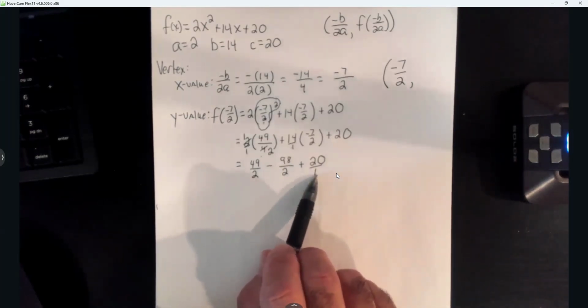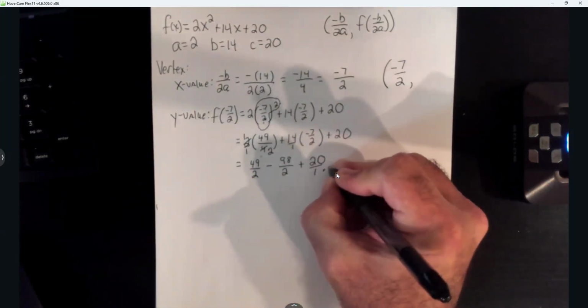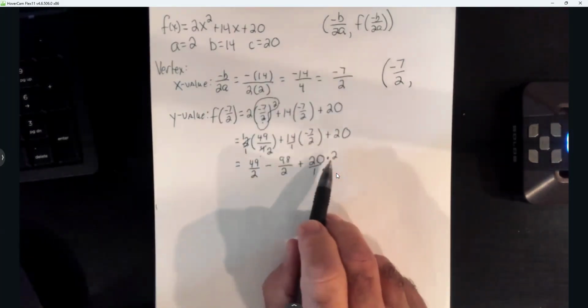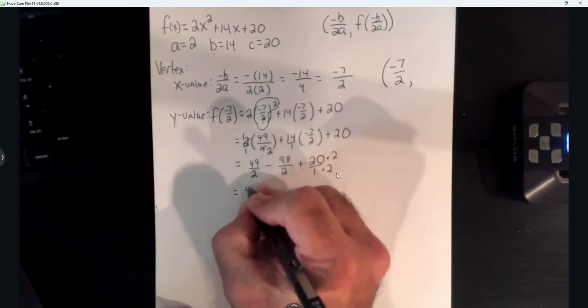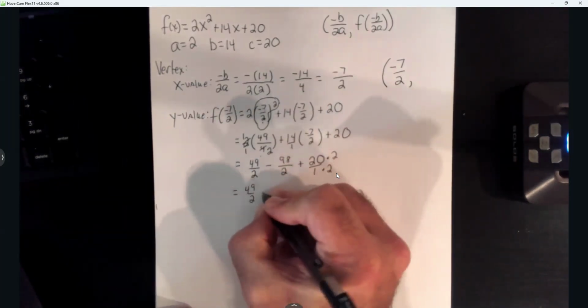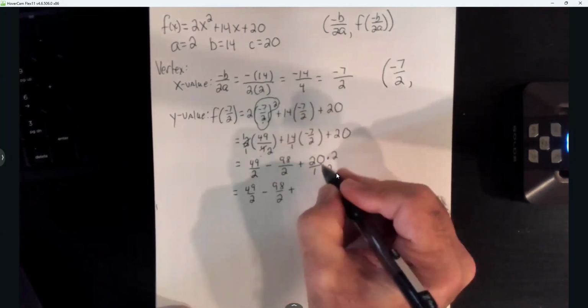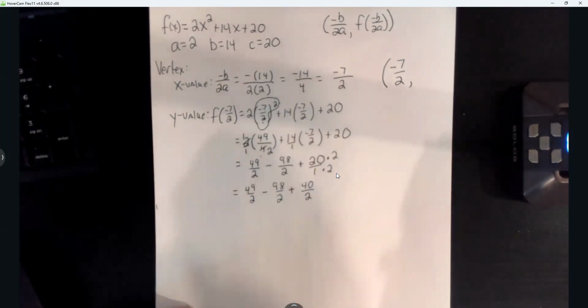We need to turn this 1 into a 2 so that they all match. So I'm going to multiply that 1 by 2, which means you got to multiply the top by 2 also, okay? So y'all, I got my 49 over 2 minus my 98 over 2 plus 20 times 2 gives me a 40 over 2.